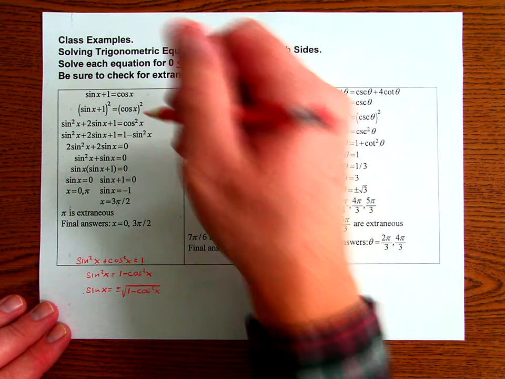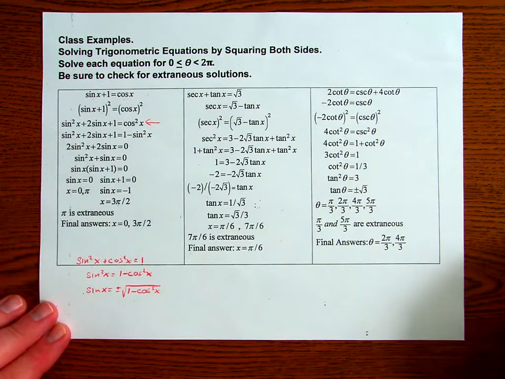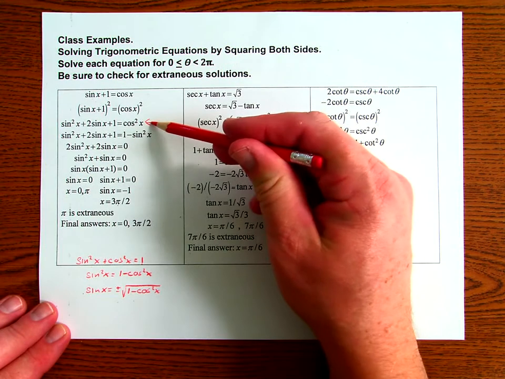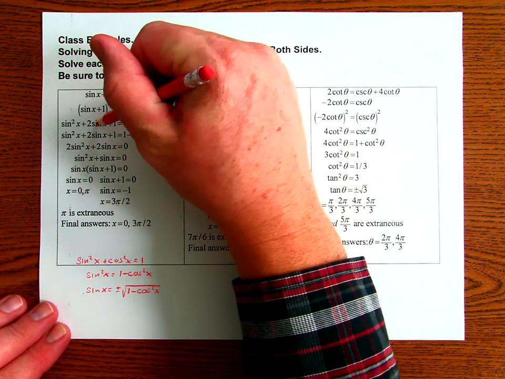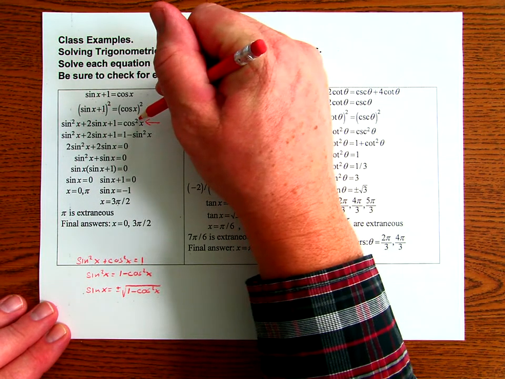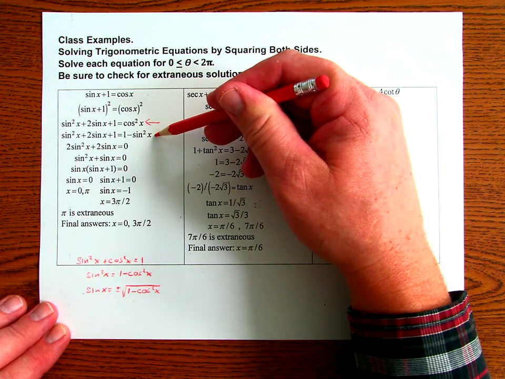Now that we're here, we have sines and cosines mixed together, but because we have something to the second power, now we can do a nice clean substitution with the Pythagorean identities. Two of them are sines, and only one of them is the cosine. So it's much nicer to replace that cosine squared with 1 minus sine squared.